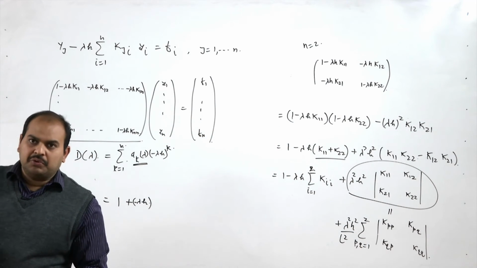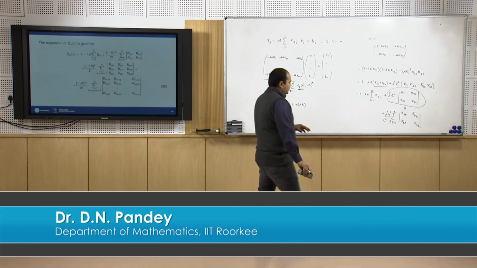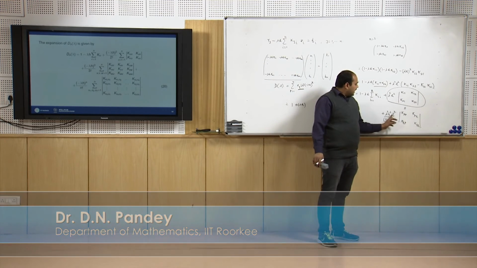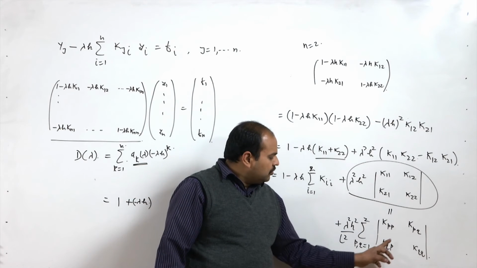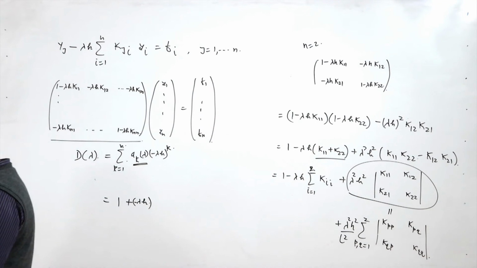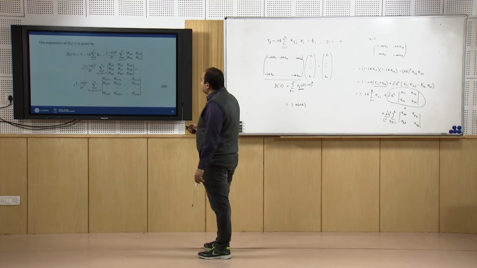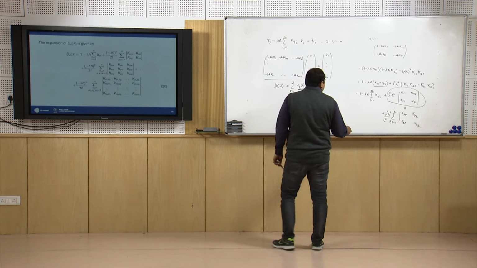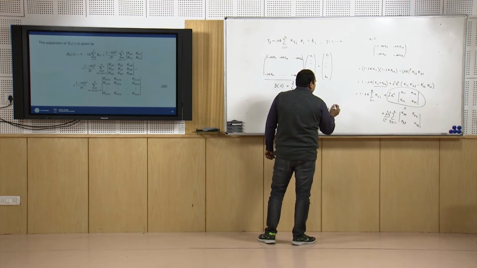If we have two indices p and q, then only two permutations are possible, so you divide by this. So this term is lambda square h square divided by the number of permutations, summation p, q from 1 to 2 of the determinant of kpp, kpq, kqp, kqq. So for n equal to 2, you can see that the expression given in equation 20 is valid.